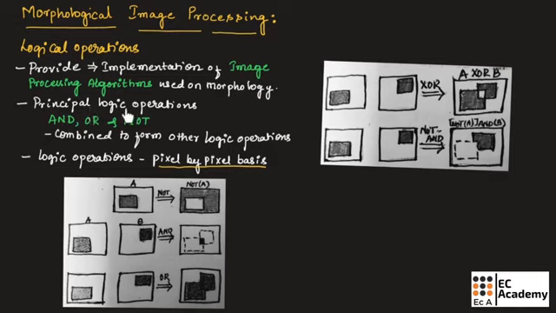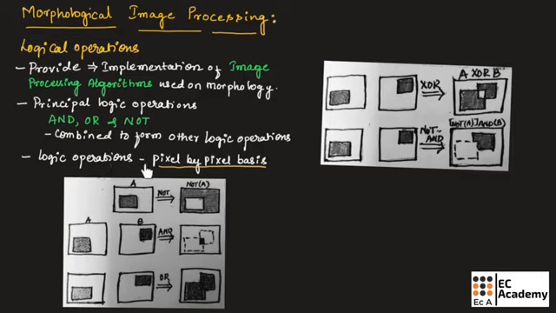The principal logic operations that are used in image processing are AND, OR and NOT operations. Here the NOT operation is the complement operation. And we can also combine any of these logical operations to obtain other logical operations.